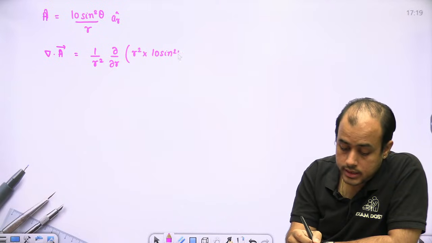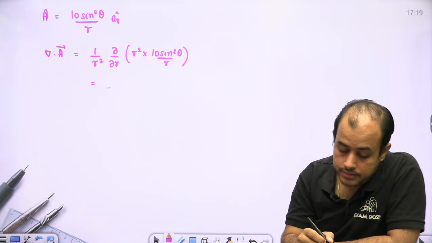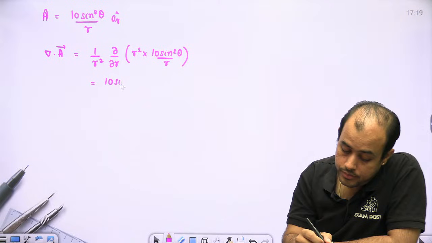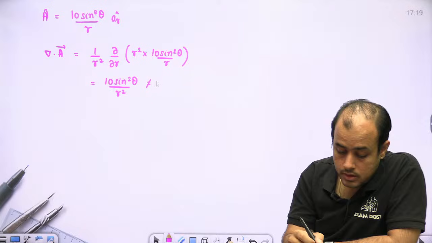Then sine square theta by r. So it will become r, the derivative will be 1. Non-zero.